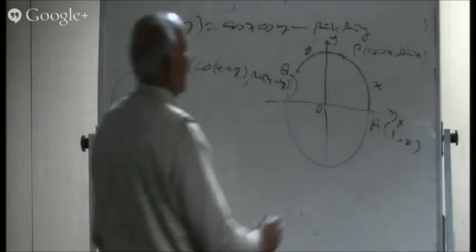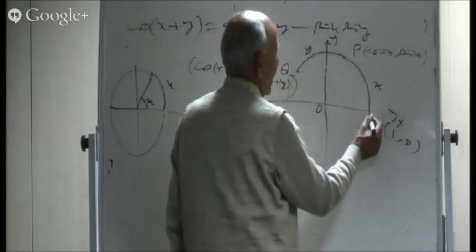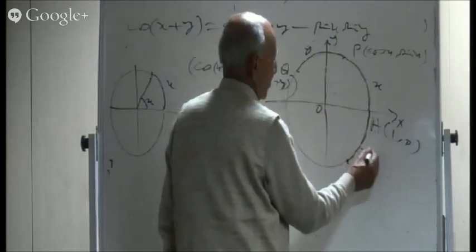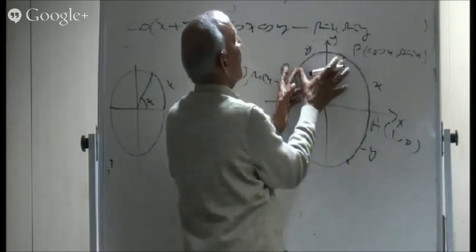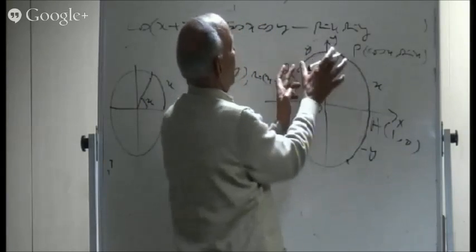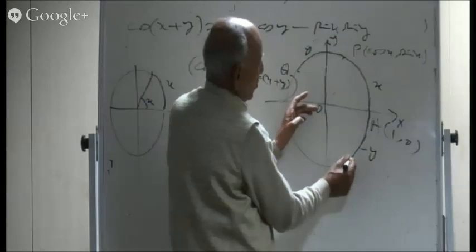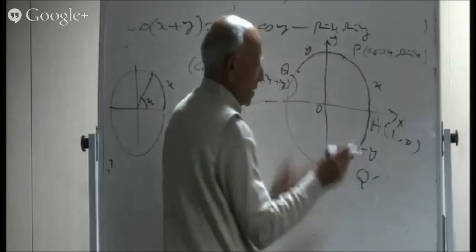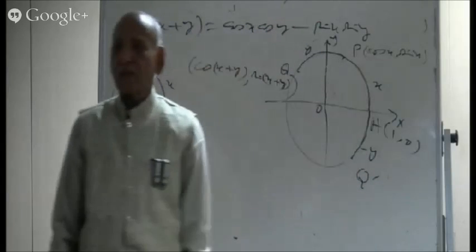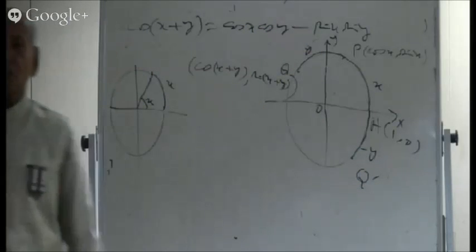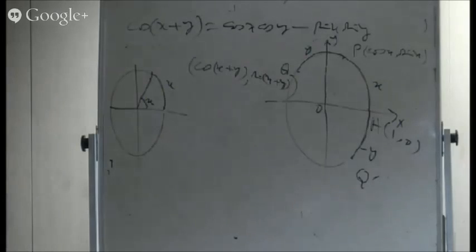And then I mark minus y on this side. Minus y, exactly measured. Whatever is y length, exactly that much length. So you can name this point, say, as Q dash, P dash. It's all up to your will. You can name this point anything. So what about the coordinates of Q dash point? Cos of minus y.